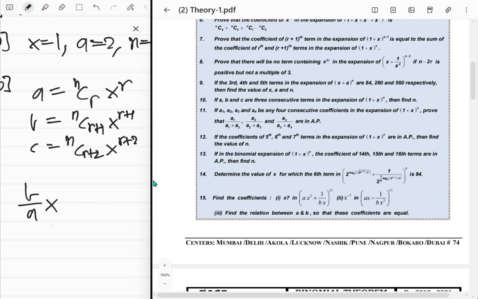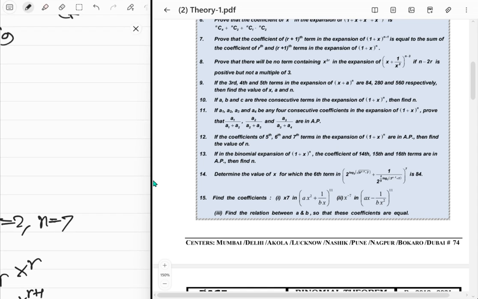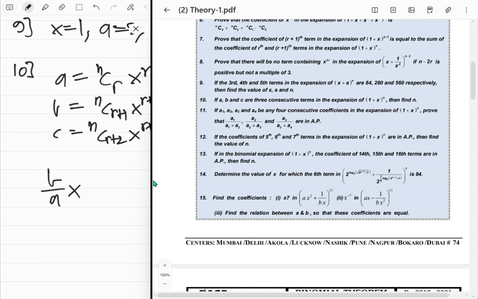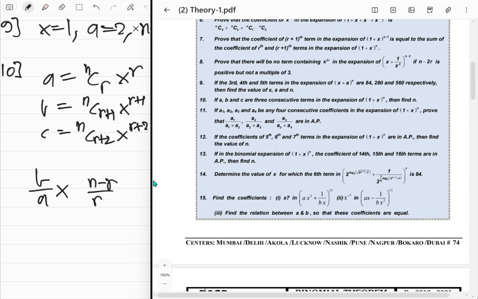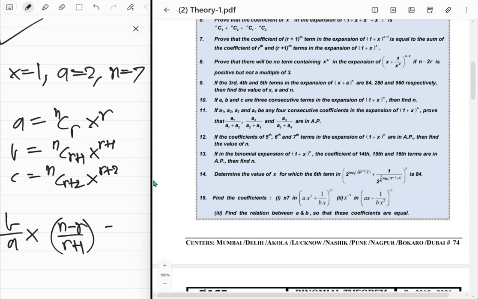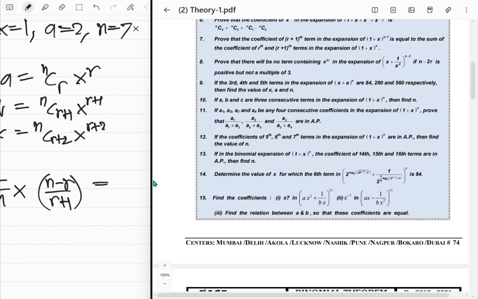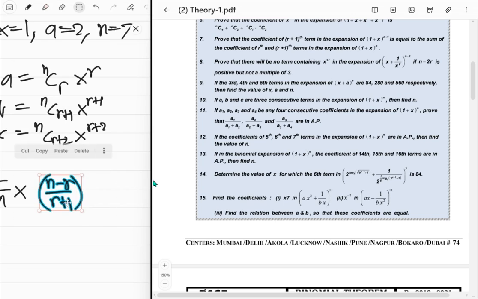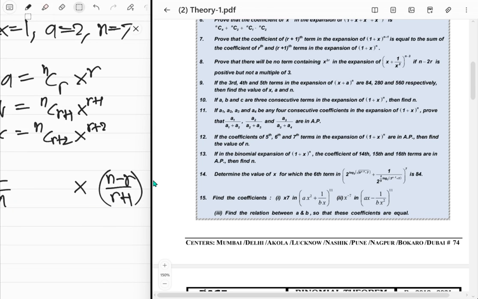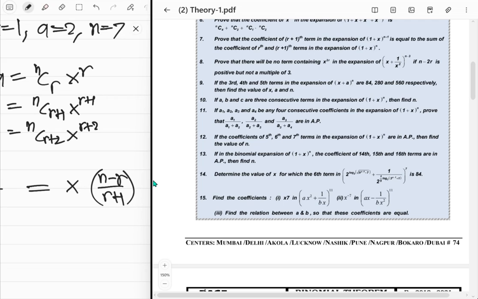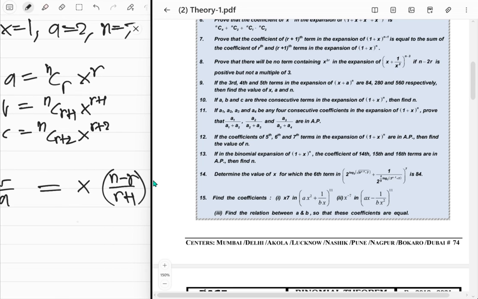So you get B upon A times 1 upon x, and this whole thing is x times n minus r upon r plus 1.